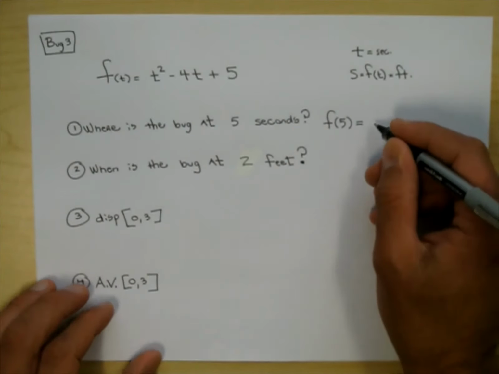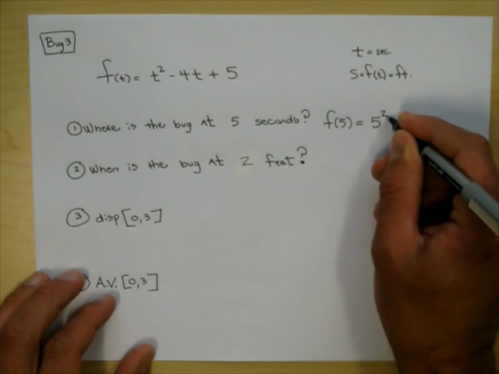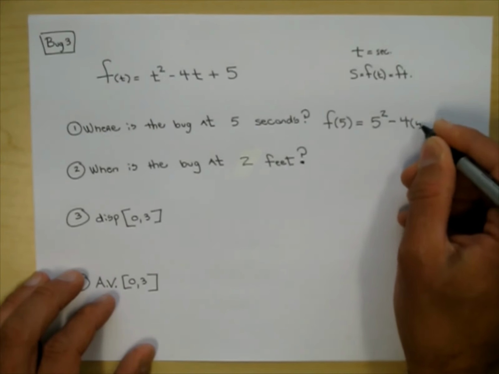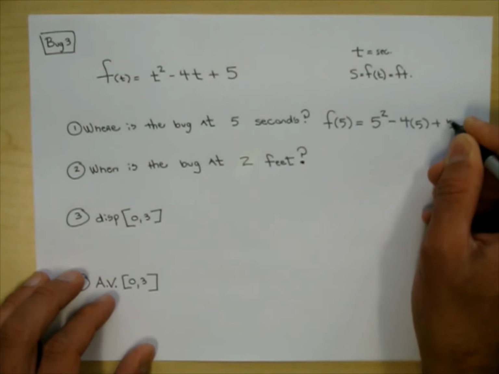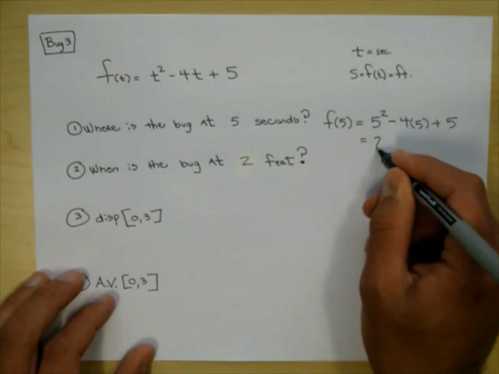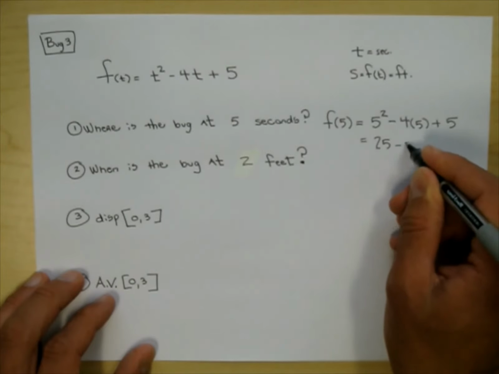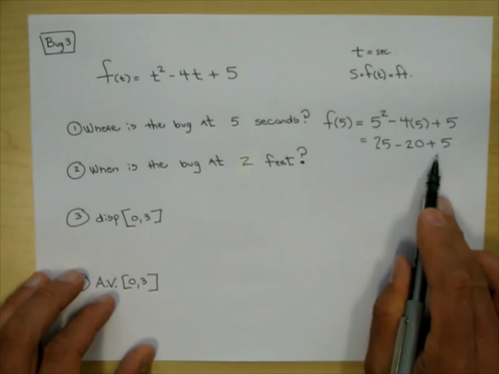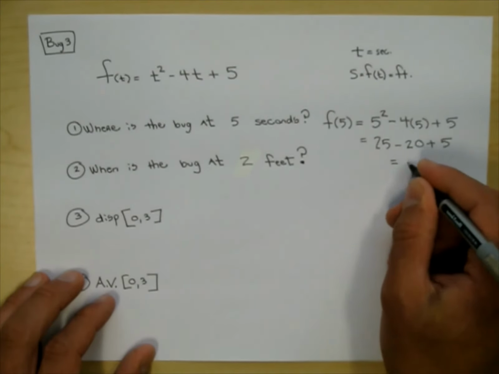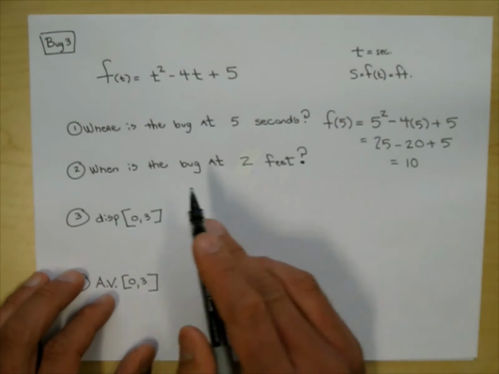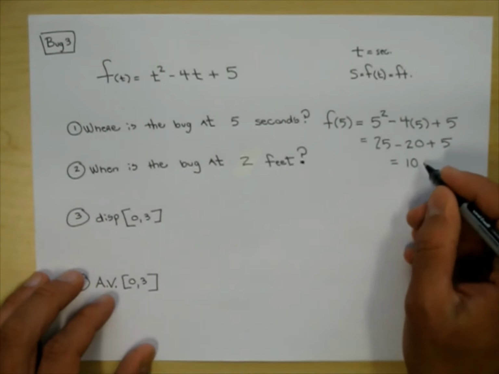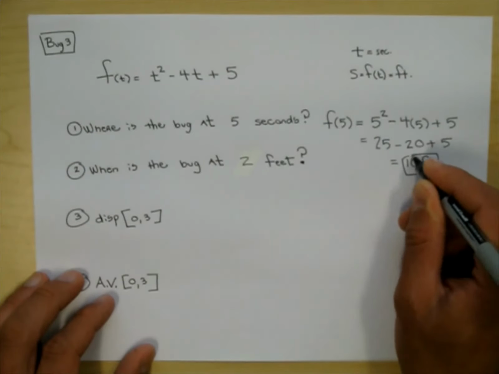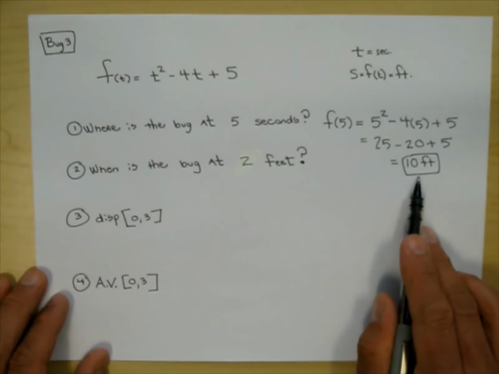So let's see what happens when we do that. We have 5 squared, plugging it in here, minus 4 times 5 plus 5. So this is 25 minus 20 plus 5. And so it looks like we end up getting 10. We have to put the correct units, and they're asking us where. So at 5 seconds, the bug is at the 10-foot mark on the number line.